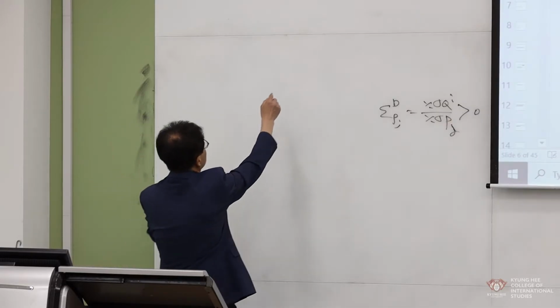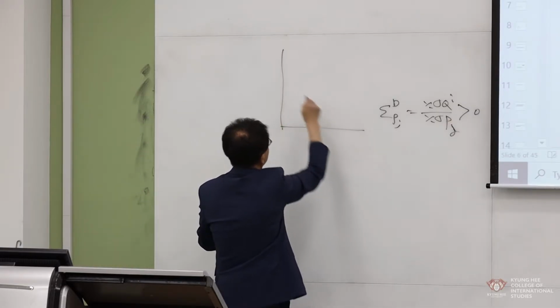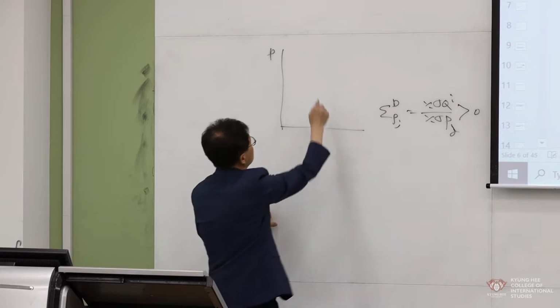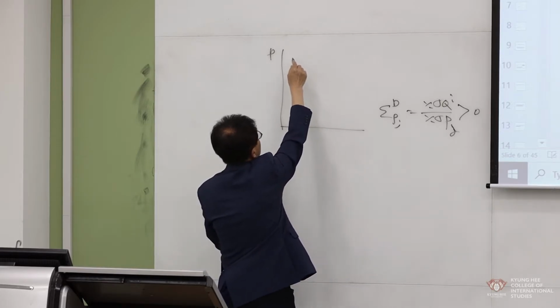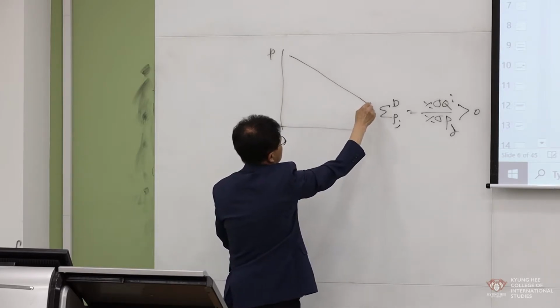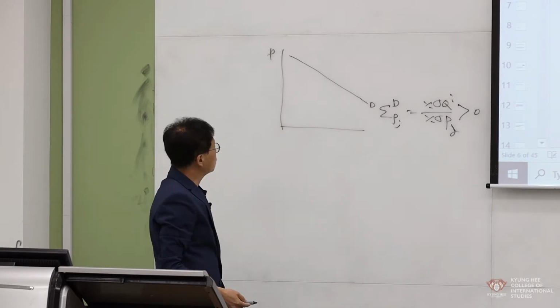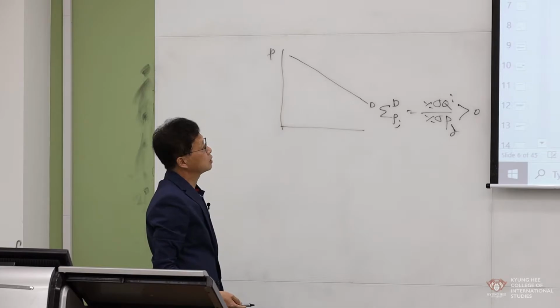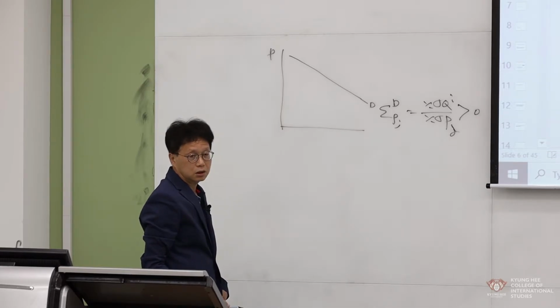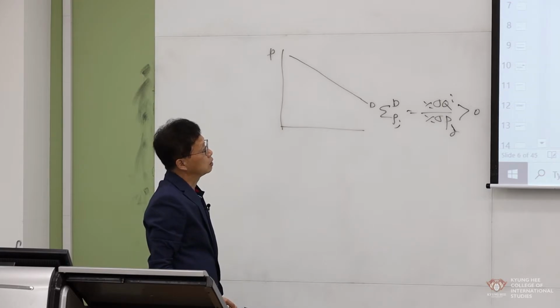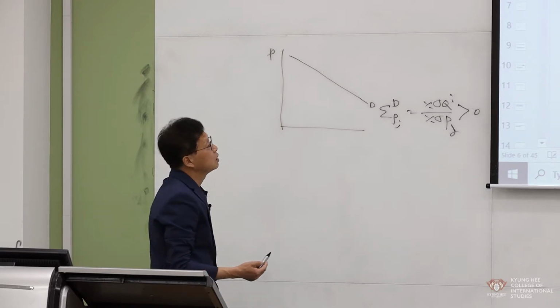Now think about this graph. Right? Price and the demand curve is downward sloping, right? And the monopolistic competitive firm has some monopoly power, a little, right?